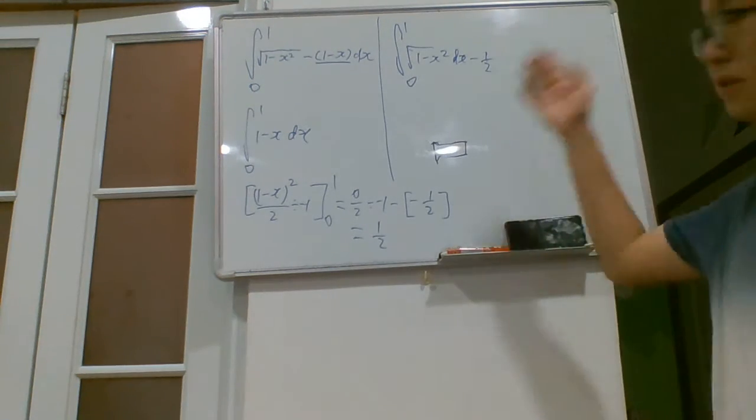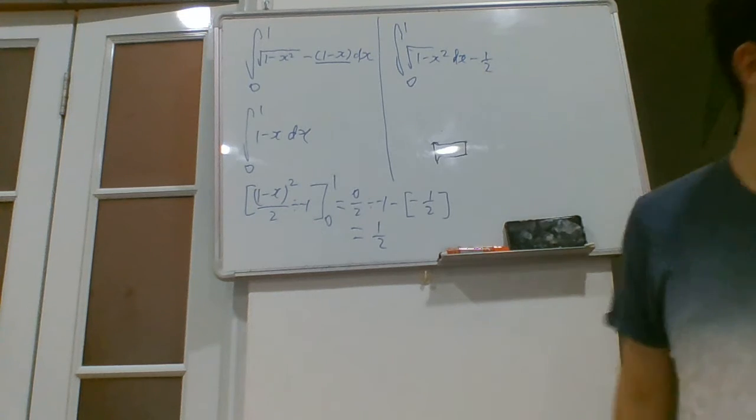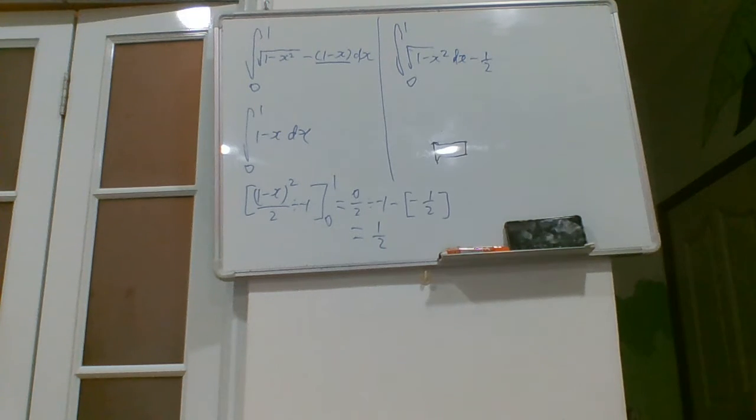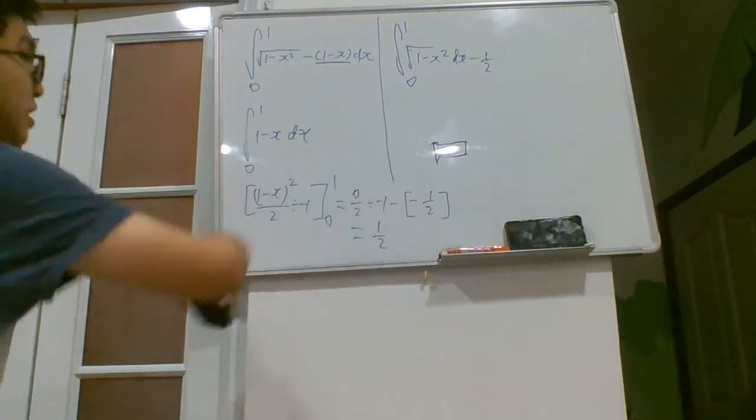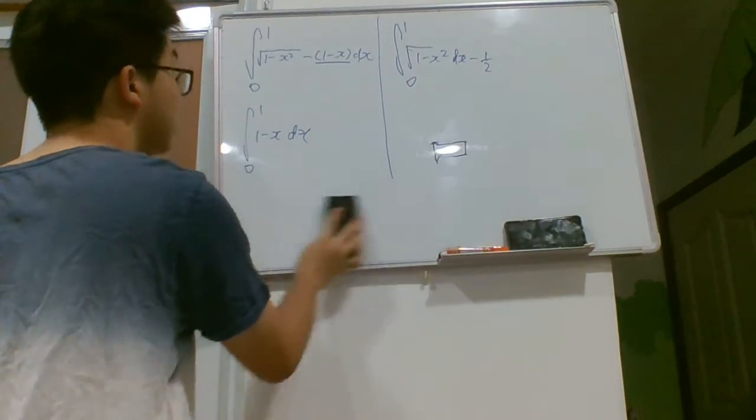But now we have to deal with the square root of 1 minus x squared. And how do we deal with that? We deal with that by doing trigonometric substitution. So let's just remember this answer and erase this.